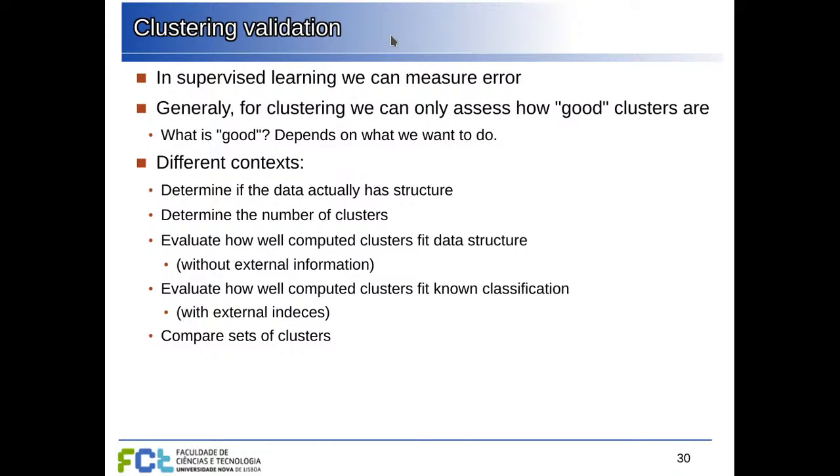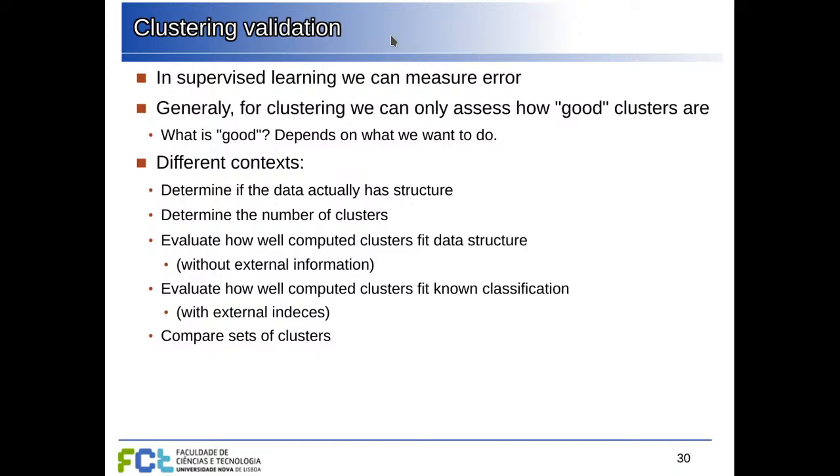For clustering, this is a bit harder because it depends on what we want to do. So a good clustering will depend on what we want to use it for. And we have different contexts. If we want to determine whether or not the data has some structure, if we want to determine the number of clusters, if we want to see if these clusters fit the data well without looking at external information, so just by the distribution of the features, or if it fits some known labeling of the data.